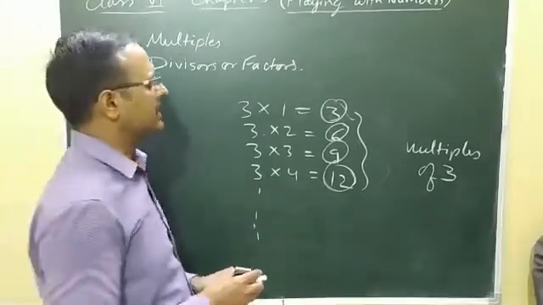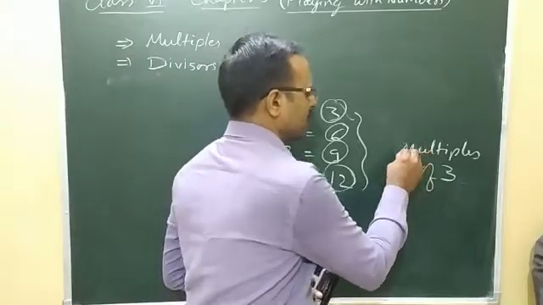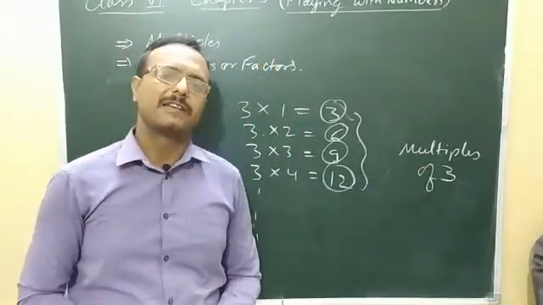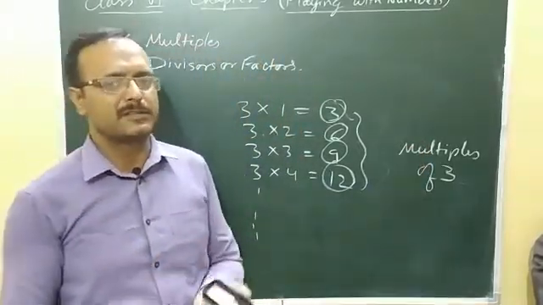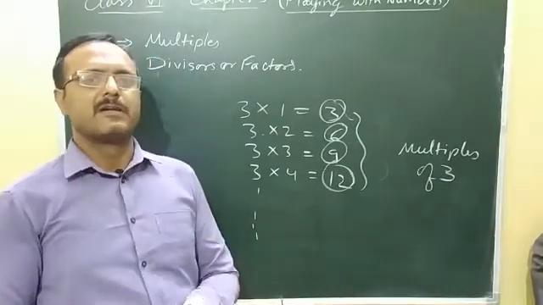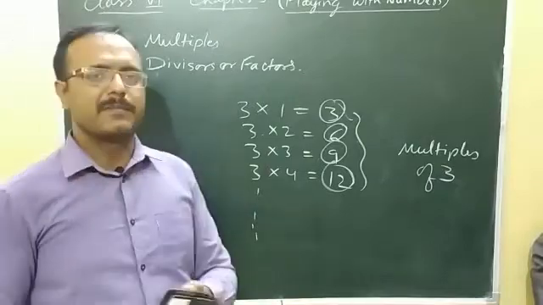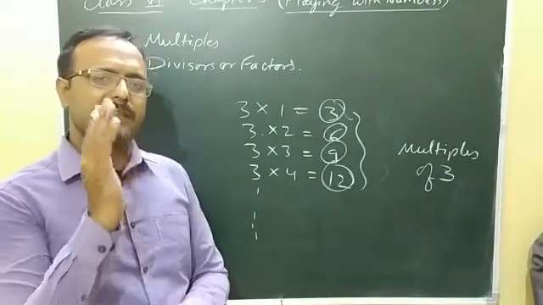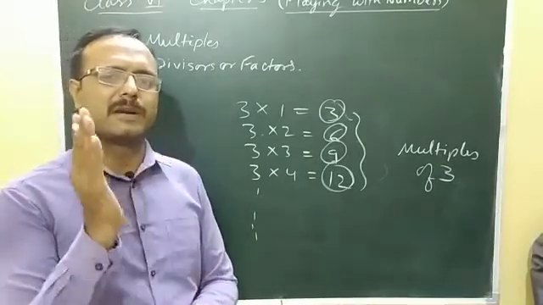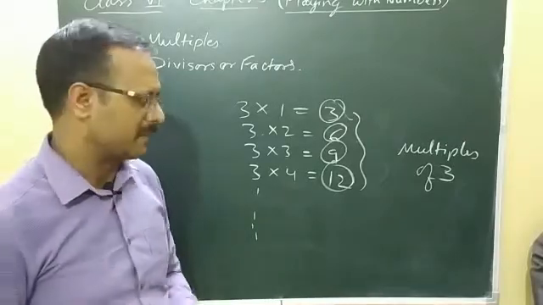So you can say the multiples of 3 are infinite in number. Similarly, multiples of 2 are also infinite, and multiples of 4 are also infinite. For every number, there are an infinite number of multiples.